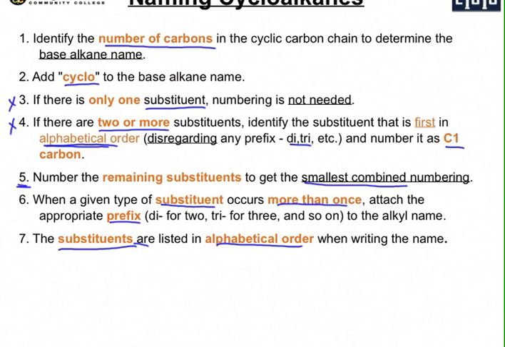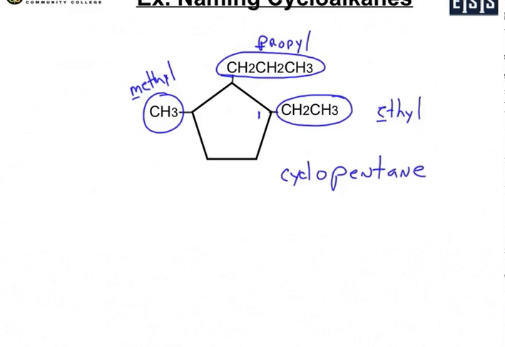Now that we've identified carbon number 1, we go to 5 and it says number the remaining substituents to get the smallest combined numbering. So we look here, we have 2 choices. Now that this is carbon 1, we can go clockwise. If we do that, the methyl here would get a number 4.